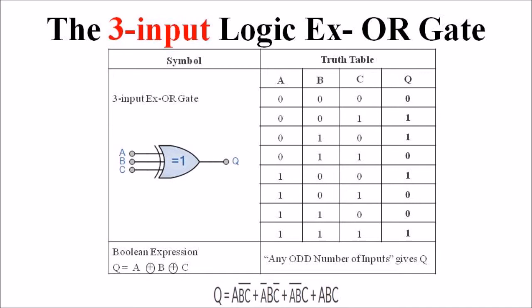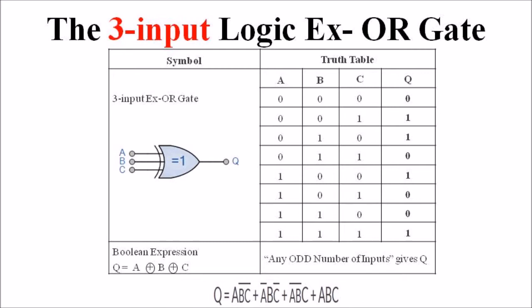If you are considering the three-input logic XOR gate, an XOR function with more than two inputs is called an odd function or modulo 2 sum, not an XOR. This description can be expanded to apply to any number of individual inputs, as shown in this truth table.